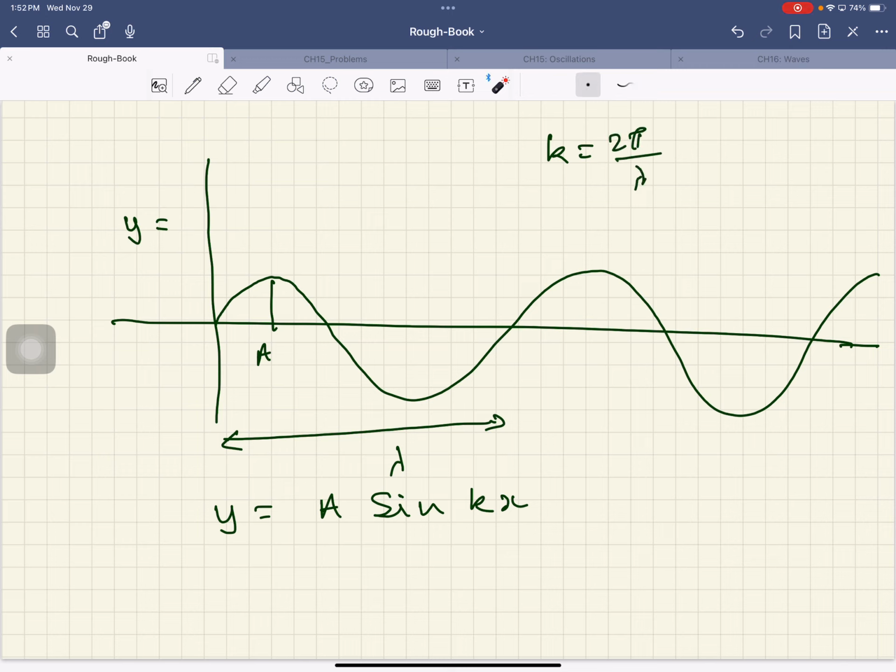So what I'm saying is this function is sine kx. Let's make sure of that. For x equal to 0, what is sine 0? 0. For x equal to lambda, what will kx be? 2 pi by lambda times lambda, it'll be 2 pi, and sine 2 pi is 0.